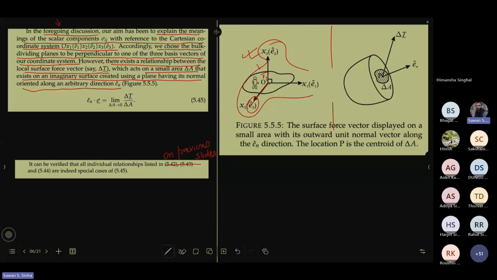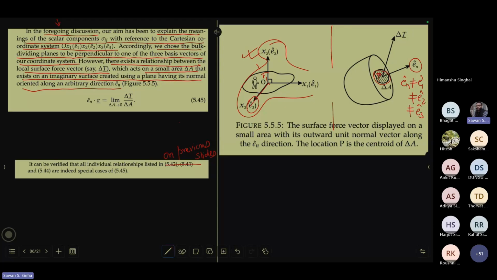We can cut the bulk into two halves by an arbitrary plane which has its orientation along En, and En is in general not E1, not E2, not E3. I can imagine a cut like that, again through the same point P. Again I consider an area on that freshly created surface of the bulk of the fluid.